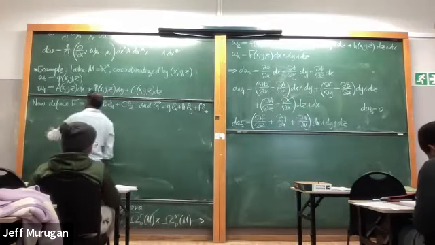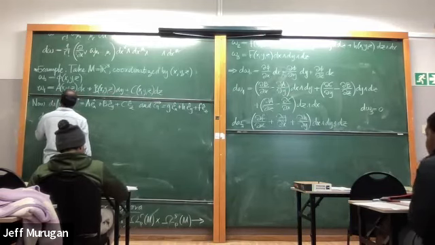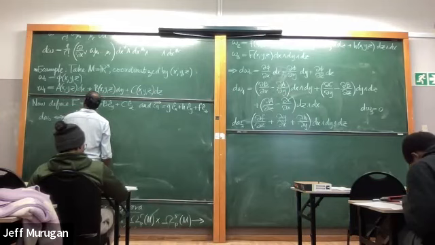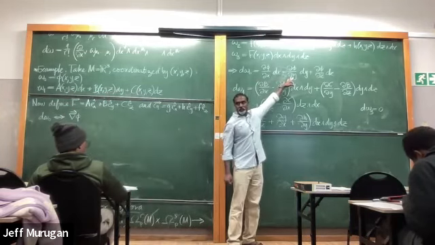Then notice that d omega naught corresponds to the gradient of phi. This is obvious to see.